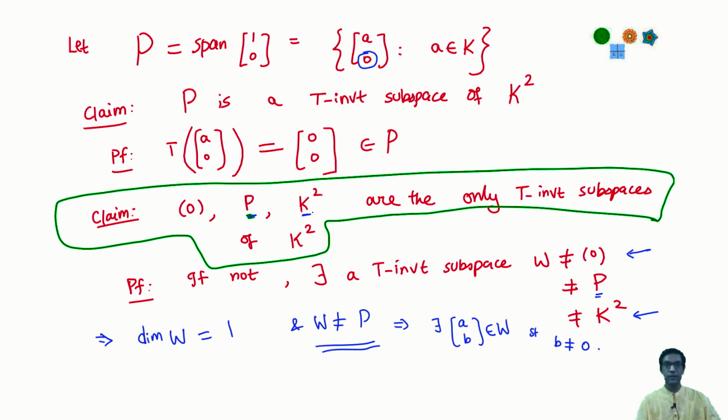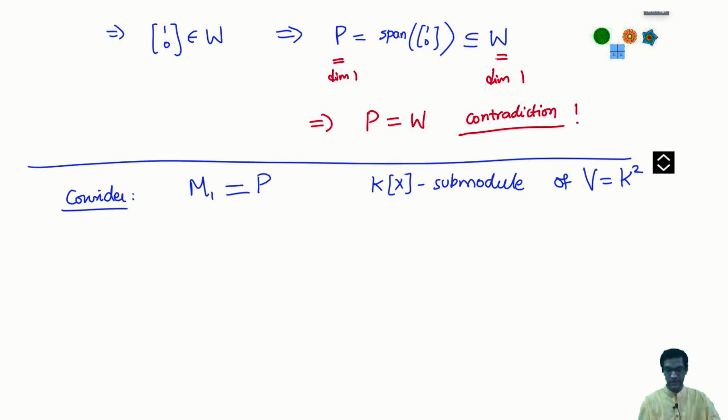K^2 can't be the complement of P. The only possibility is 0 maybe because the intersection is 0, but P intersection 0 is 0, but P plus 0 is not the whole thing. Okay, so P plus 0 would just give me P itself. So observe that none of these three candidates can serve as a complementary subspace to M1. So observe that there does not exist a complementary subspace or a complementary submodule.